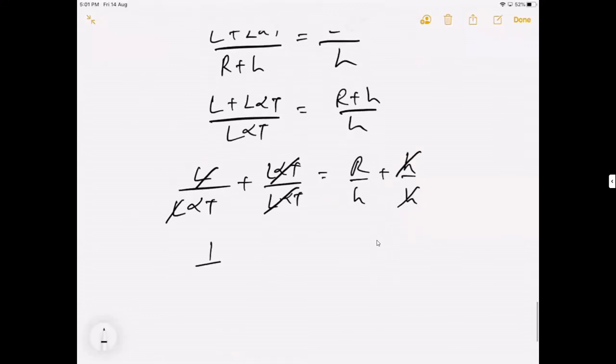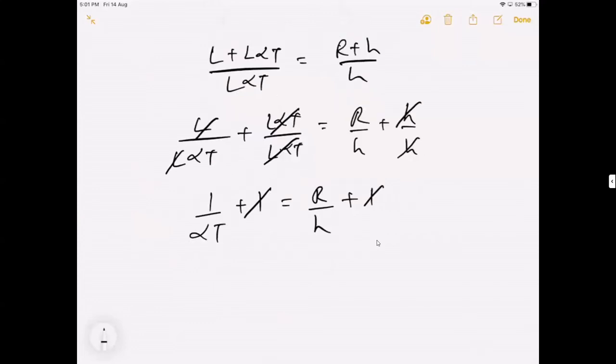What we are left with is 1 upon alpha T plus 1 is equal to R by H plus 1. 1 to 1 cancel. So from here, I can determine 1 by R is equal to alpha T by H.